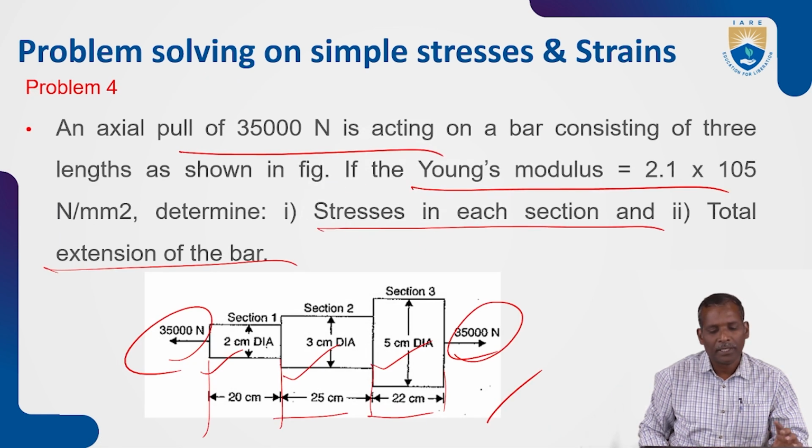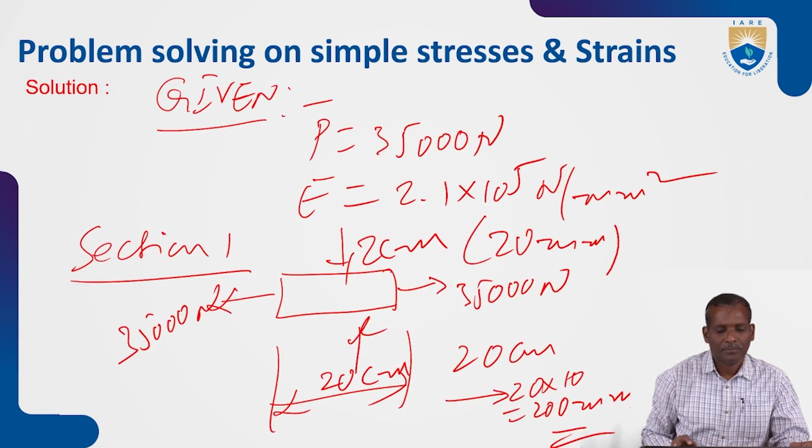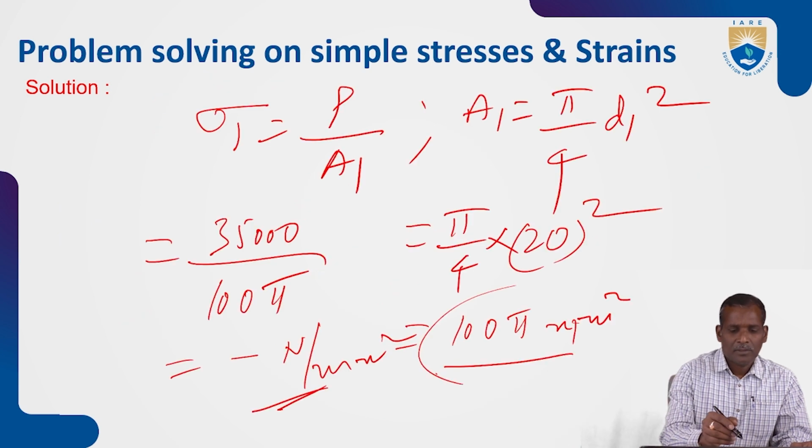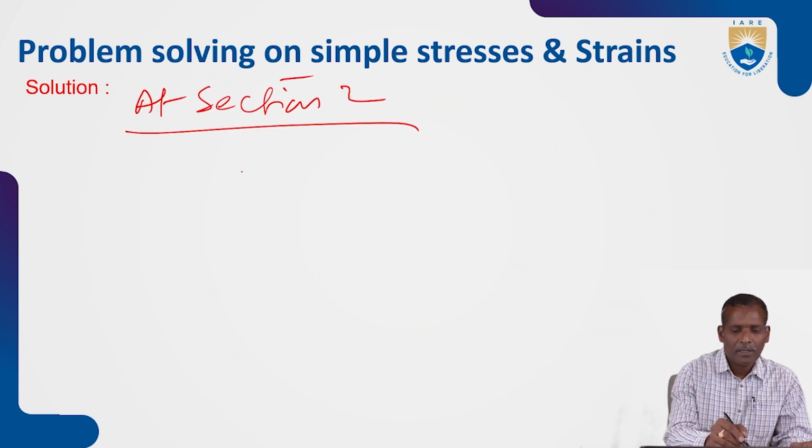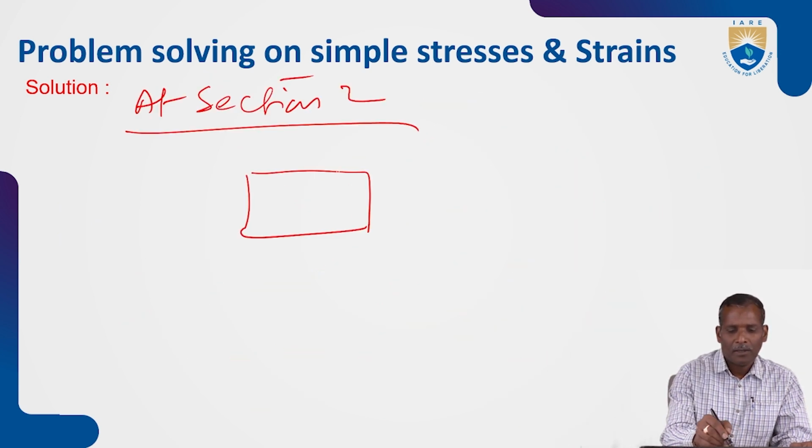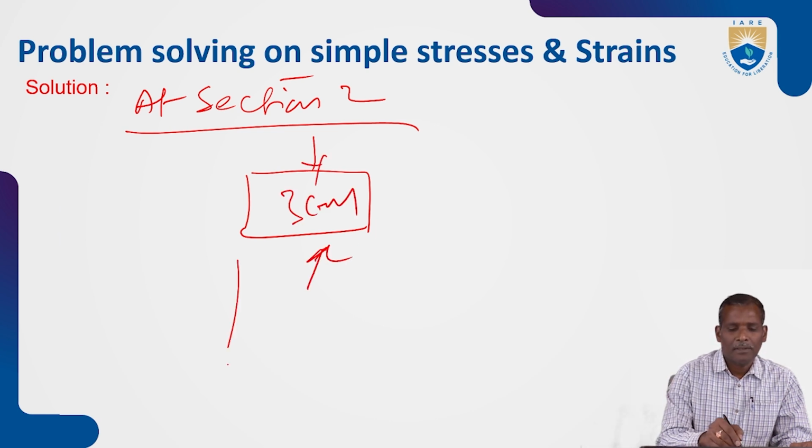Section 2 is 3 centimeter dia and the length is 25.